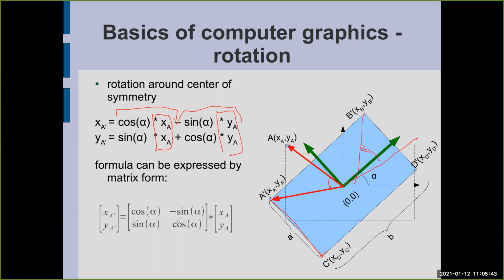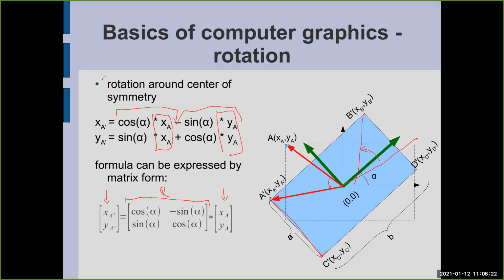And again, look, here we have the vector which is represented using coordinates. Here we have something which is independent of the vector, but it is called a rotation matrix. And finally, we get the vector which represents the new position of A prime.